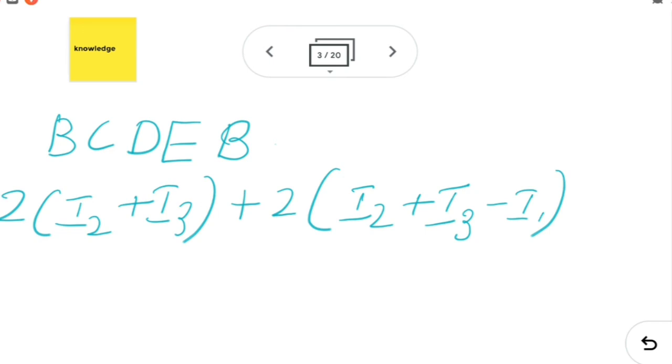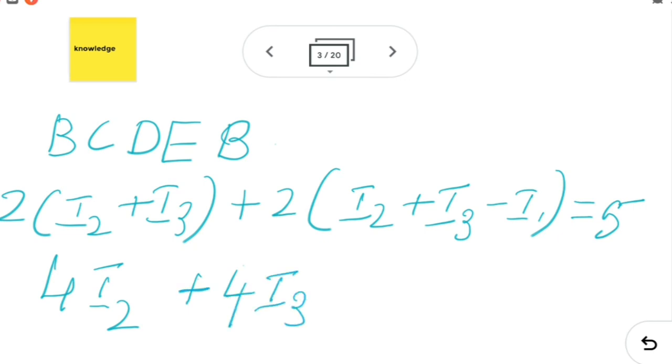That is equal to, no more resistances in that loop, 5 volt. So we have 2I2 plus 2I2, that is 4I2, plus 4I3 minus 2I1 is equal to 5.